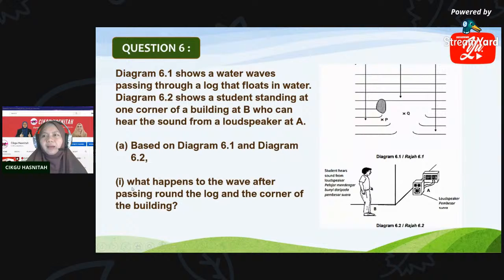Okay, first, what happened to the water wave after passing around the log and the corner of the building? So the wave that passes through the log, what happened to it? The sound wave coming from the loudspeaker after passing through this corner, what happened to the wave?